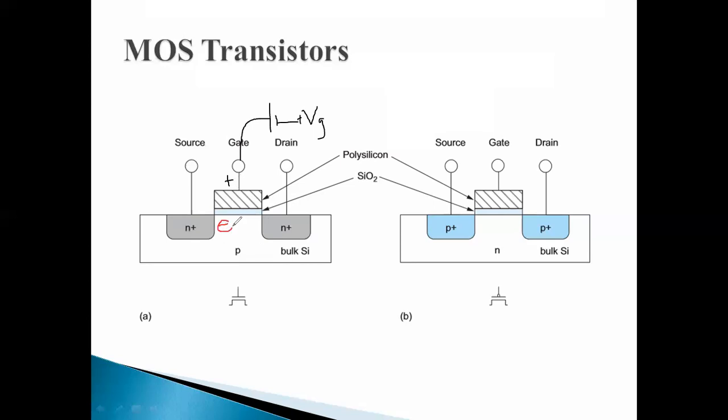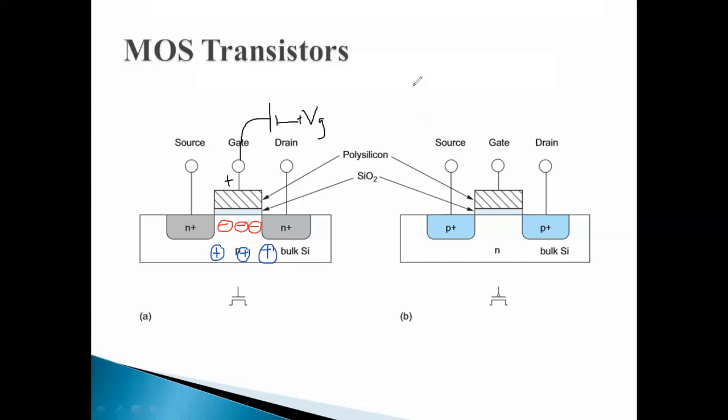Electrons are minority charge carriers in the p substrate, but because they get attracted to the positive gate voltage, they come and settle just below the gate, whereas all the positive charge carriers which were present will be pushed away, because like charges will repel and unlike charges will attract.